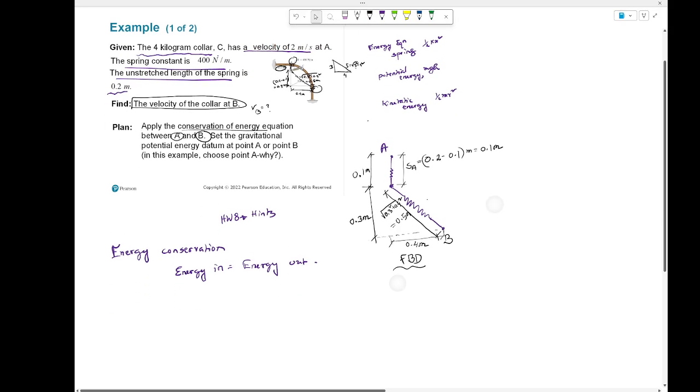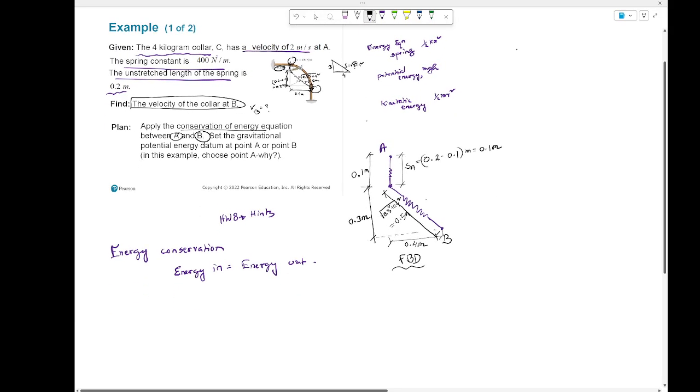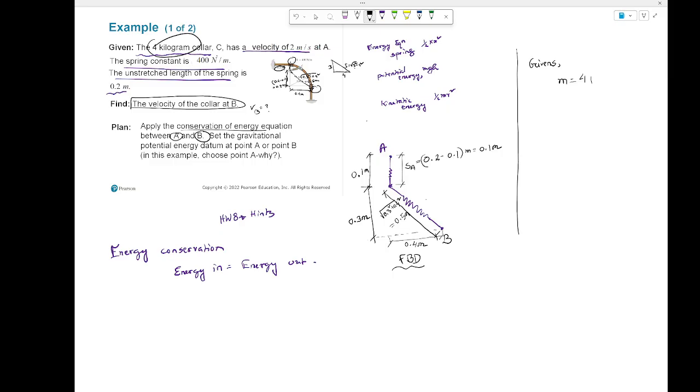So what are the givens here? Let's deal with the givens. The mass of this collar, they said, is 4 kg, quite a big mass for a collar. Then the velocity at point A is given as 2 meters per second.